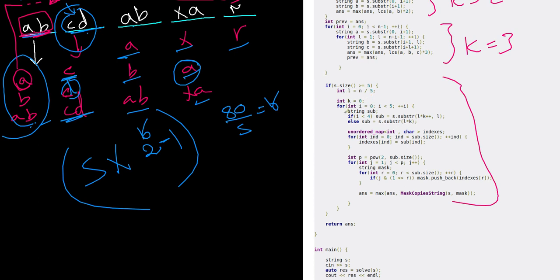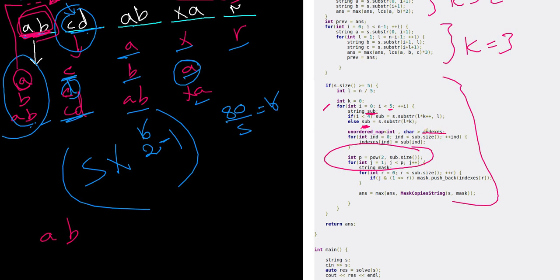So first of all, we split the string. This is the first part. So for i equals 0 up to 5, it means 5 parts. For every part, we will calculate all the combinations, and this is done by first of all getting the substring. The first sub, let's say it's AB.